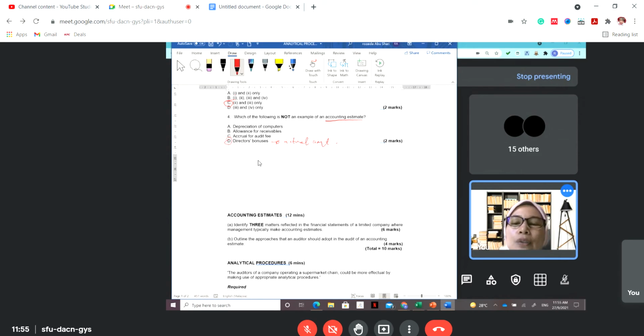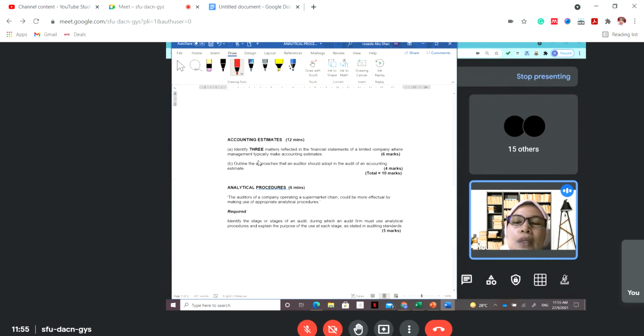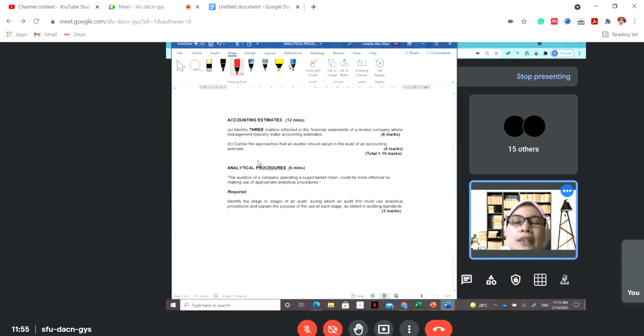Okay. So next, the question is identify 3 methods reflected in the financial statement of a limited company where management typically make an accounting estimate. So what are the 3 methods affecting the financial statement? Apa methods dia?